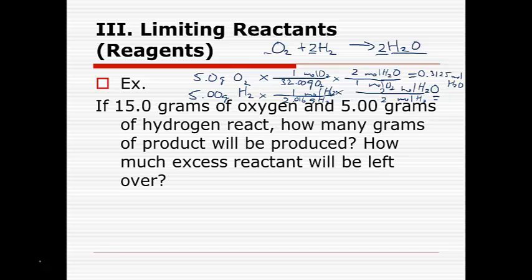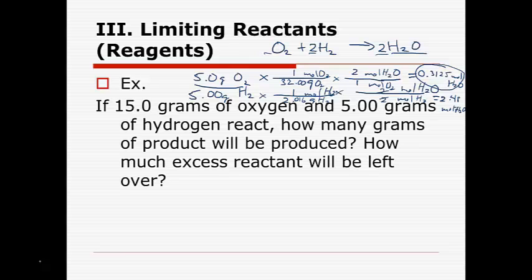This one here, the 2's cancel out, so I'm going to have 5 divided by 2.016, and this will give me 2.48 moles of H2O. Now, which one do you pick? You pick the smaller one. That means which is the limiting reactant? The limiting reactant is the oxygen.